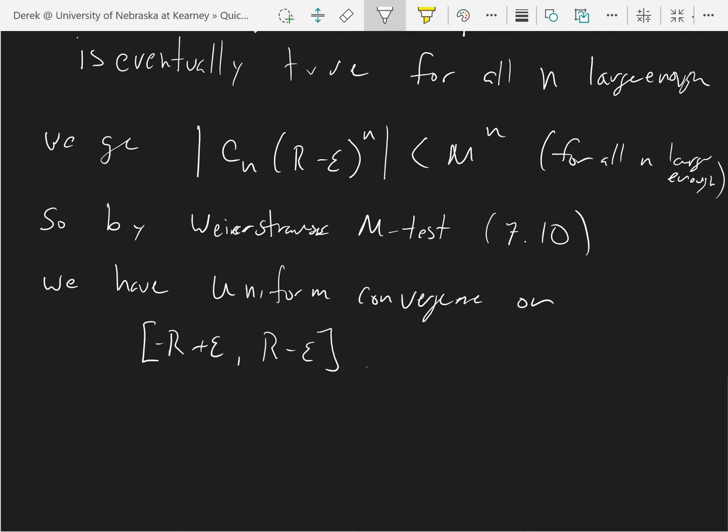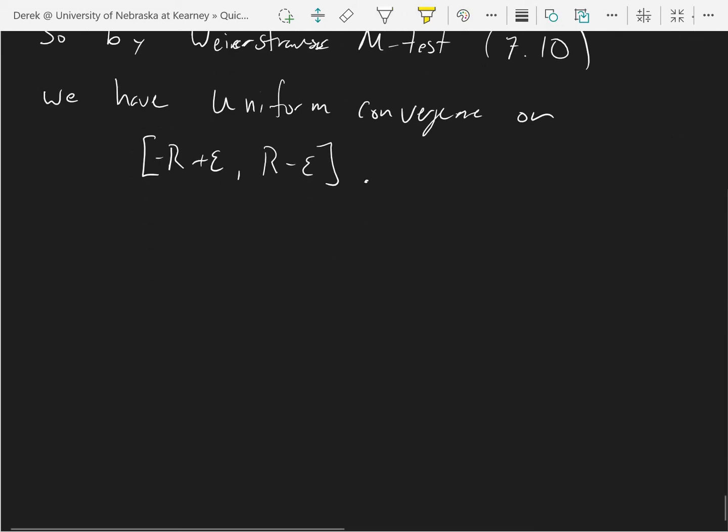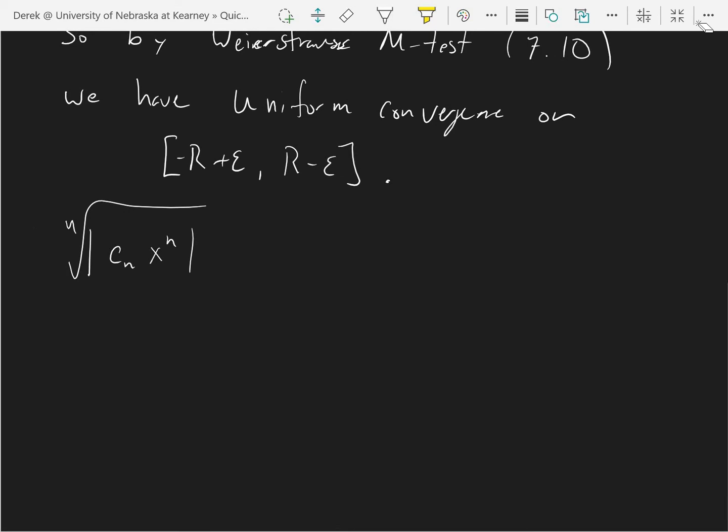How that just shows uniform convergence of f on this interval. That doesn't have anything to do with the uniform convergence of the derivative, but let's look at the same thing if I pull an n down from the derivative. So the nth root of the absolute value of c sub n x to the n, if I take the lim sup, is going to have the same lim sup as the nth root of c sub n times x to the n minus 1.